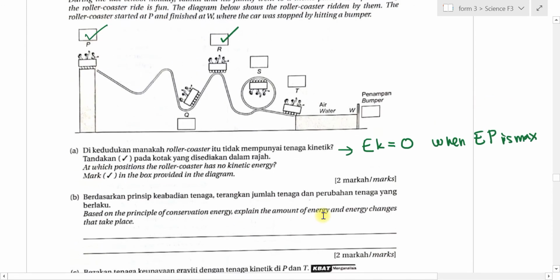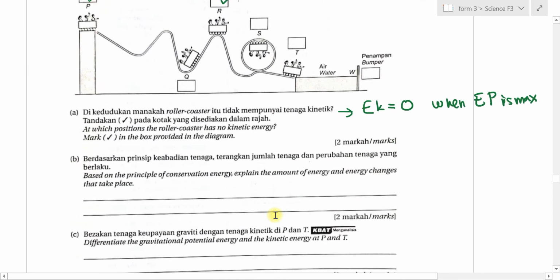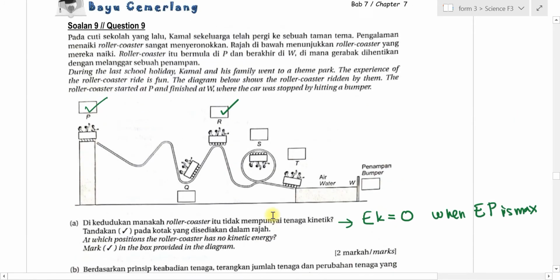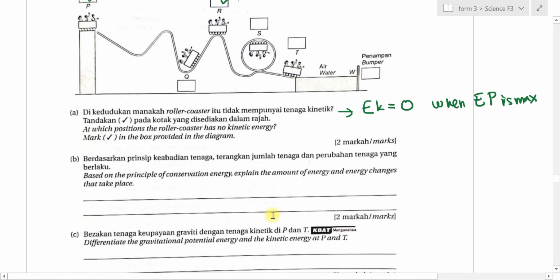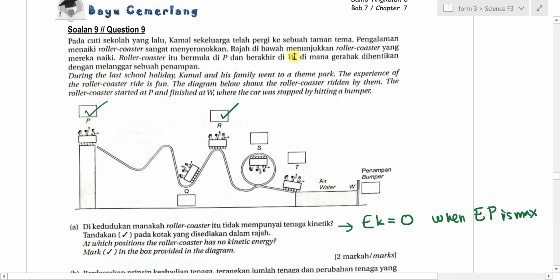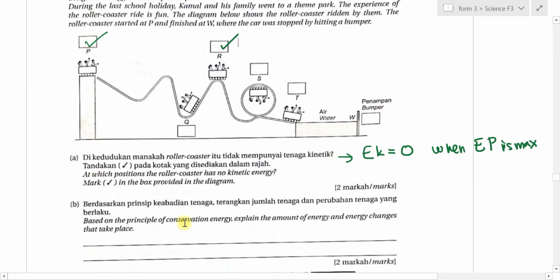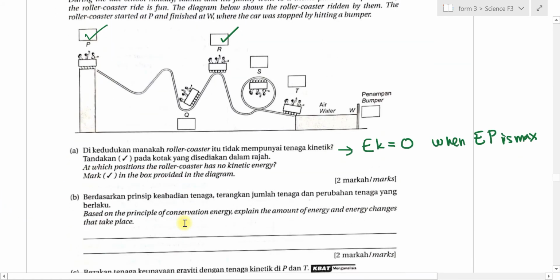Based on the principle of conservation of energy, explain the amount of energy and energy change that take place. They never give anything. Energy change we can tell from potential energy moving on to kinetic energy. But how come they never give anything and they ask us to explain the amount of energy?